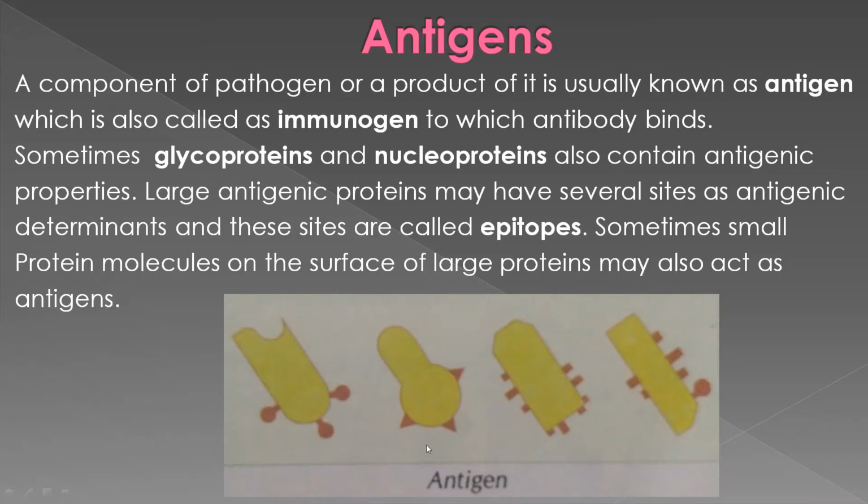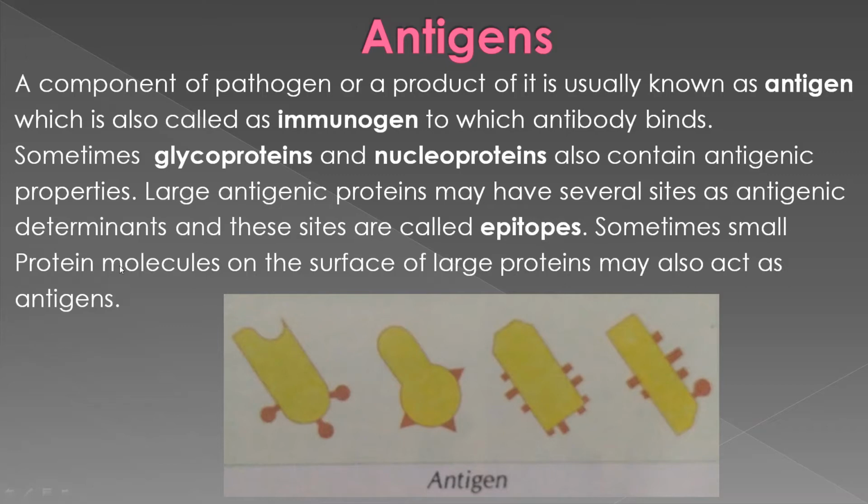See the picture of the antigen, it is clear. Suppose this is a big protein; there are several sites of different shapes. These are called epitopes.